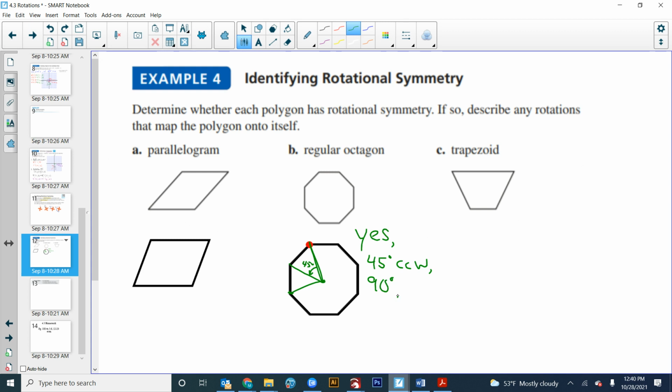Then 135. Then 180. Then 225. Then 270. Then, oops, sorry, 315.